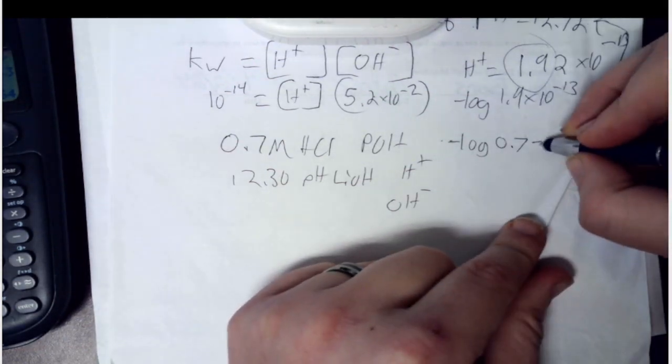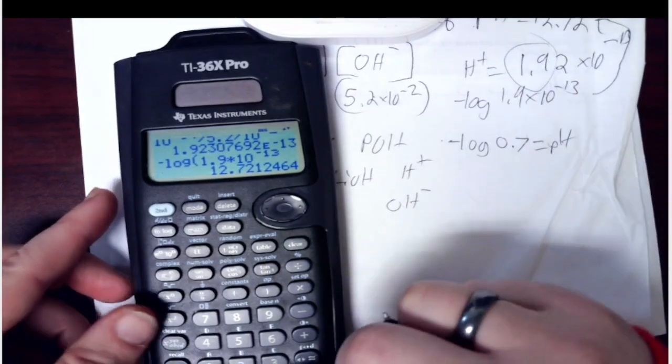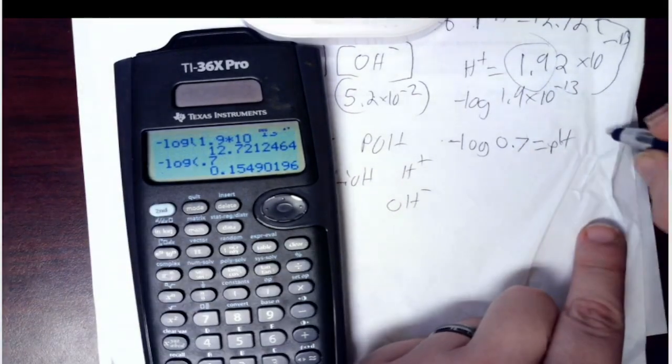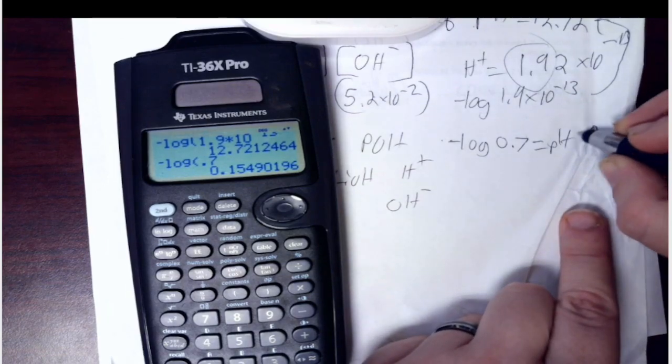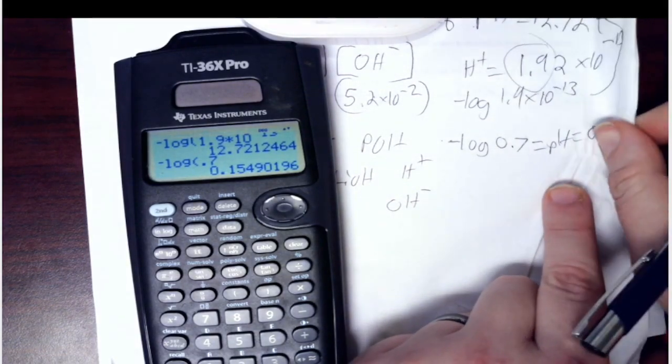Negative log of 0.7. And so what is my pH? Negative log of 0.7 is 0.2. I have to round to 0.2.